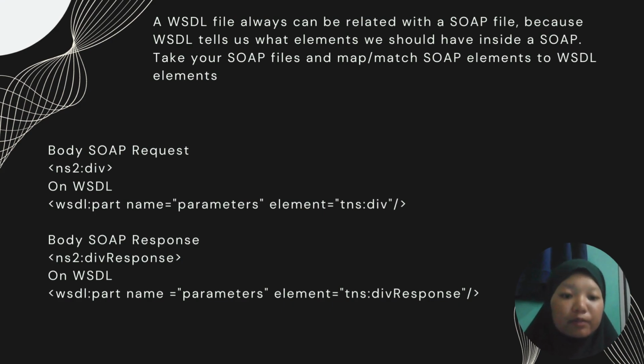For the response, it's the same also. I have an S2 div response. So at the WSDL part, I have name equal to parameters and element only adds response to match with the body SOAP response.